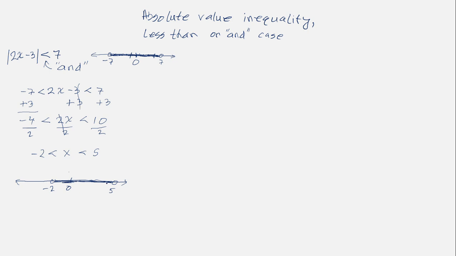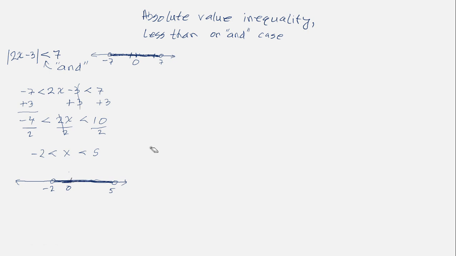Right there. So all of these values are our solution, not including negative 2 and not including 5, because there is no equals right here.